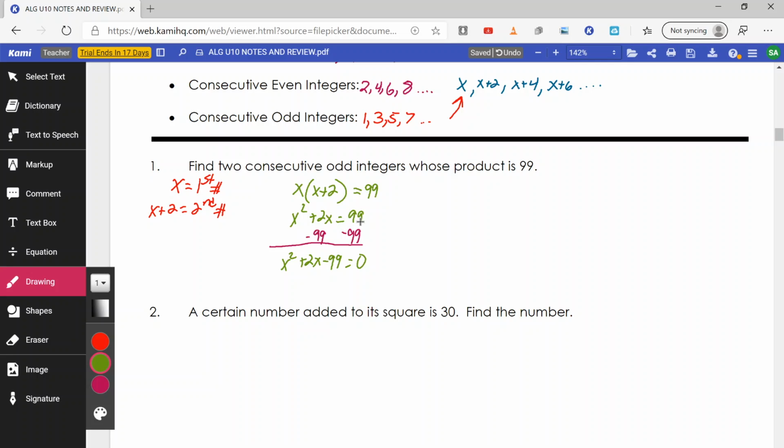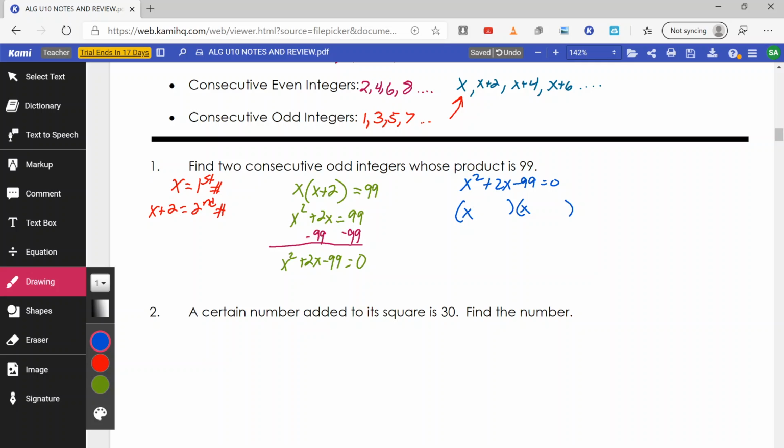So now we can use factoring in order to come up with the numbers. When I factor, I come up with two sets of parentheses. First times first is going to give me x squared, so x times x gives me x squared.